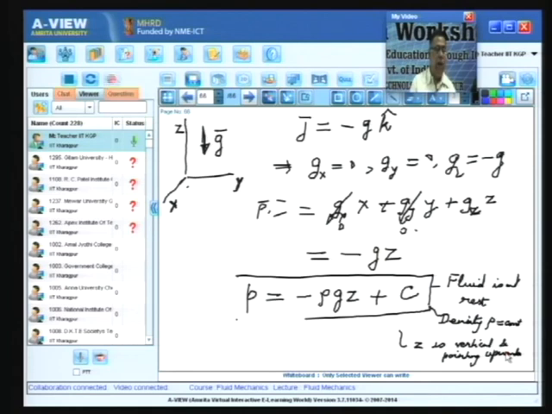If you use any other coordinate system, then this equation will not be valid, even if the fluid is at rest and the density is constant. Now, suppose I take z to be vertical and pointing downwards, then this would have been plus rho g z plus a constant. The previous expression which we wrote is general and valid for any coordinate system.